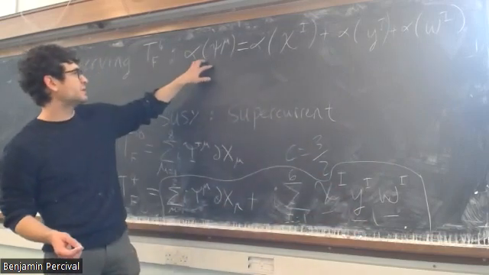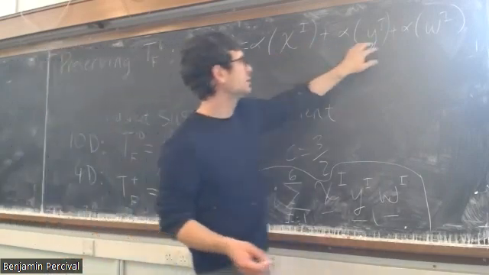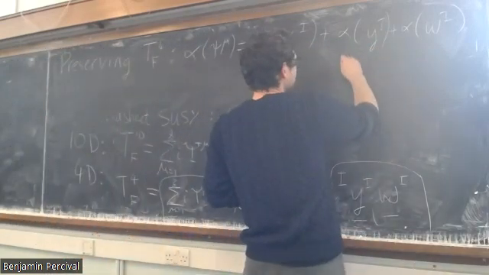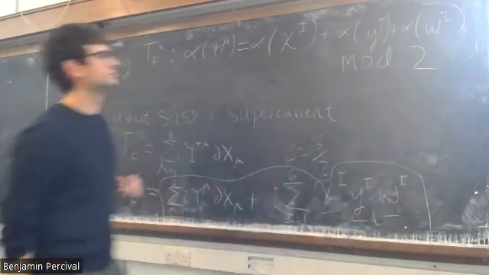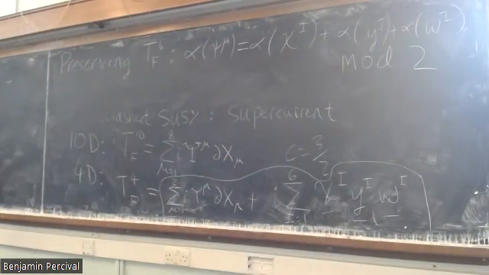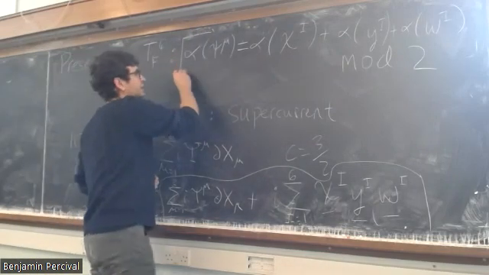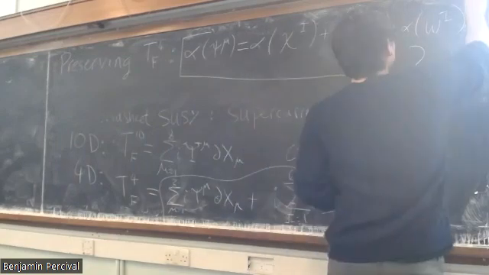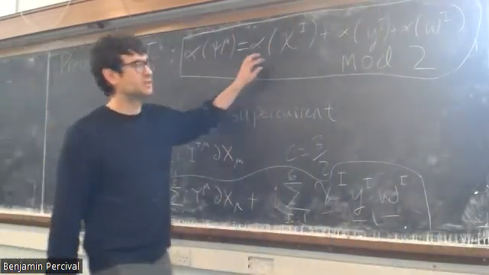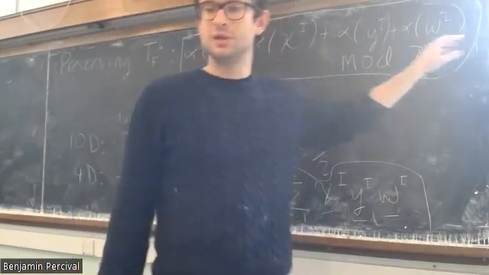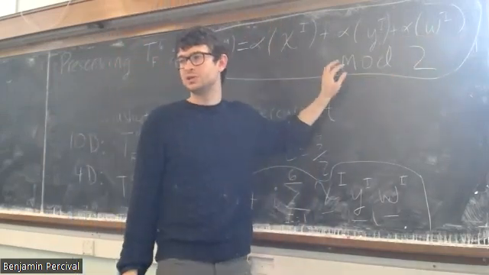So you say this boundary condition is equal to this mod 2. Mod 2. Okay. So this is a very important rule. So all basis vectors should preserve this in order to preserve worldsheet supersymmetry.